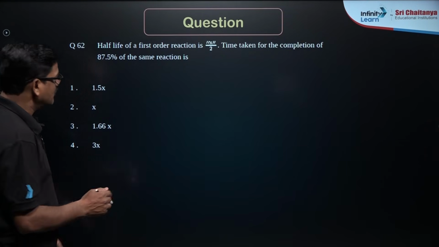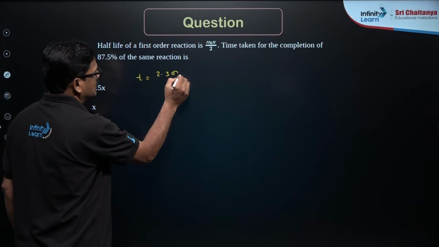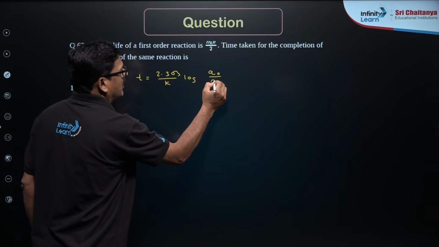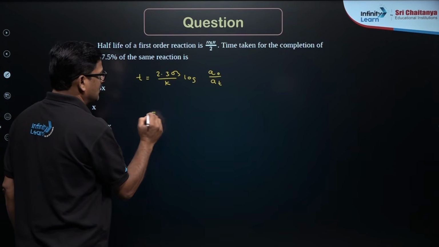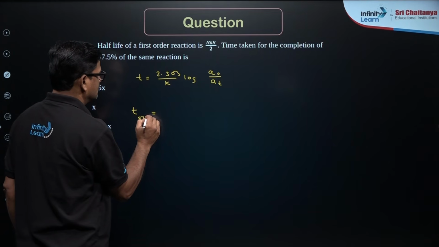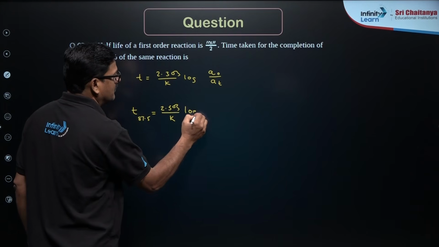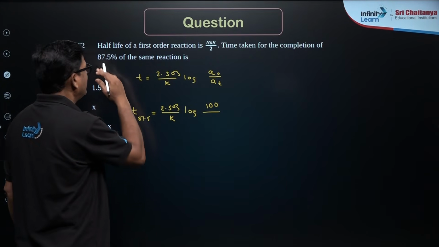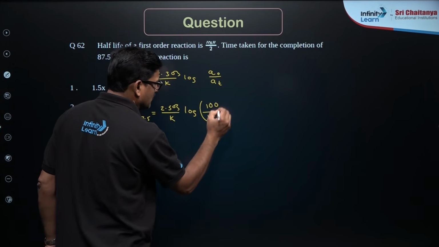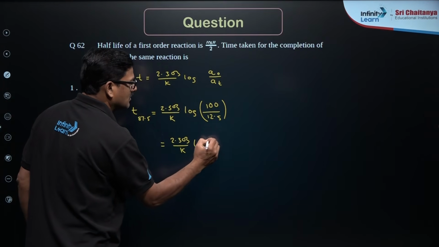For first order kinetics, time is equal to 2.303 by k log A naught upon A t. For the time taken for 87.5%, 2.303 by k log, if you take 100%, 87.5 is consumed, so 12.5 is going to be left. So here it is going to be 2.303 by k log 8.